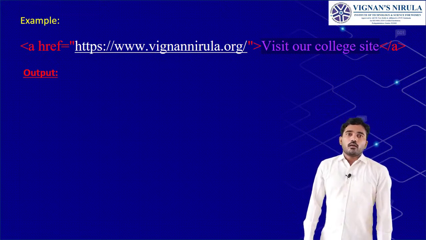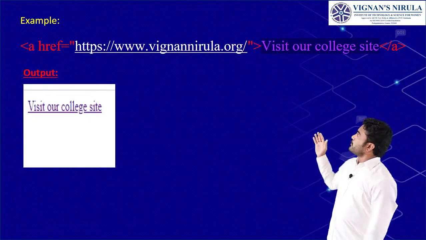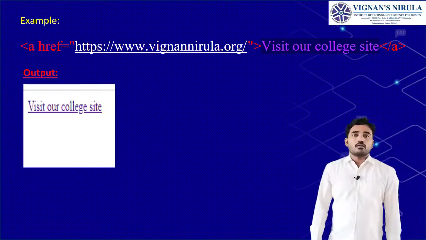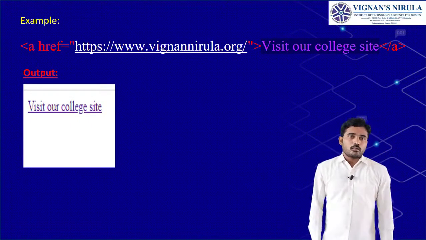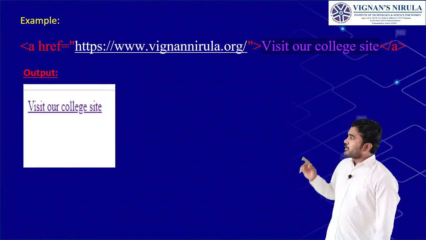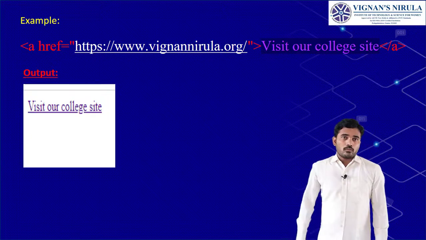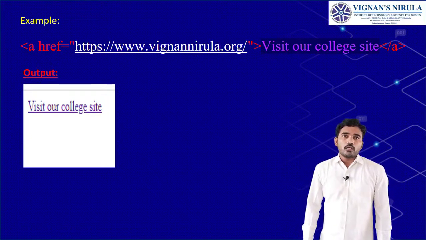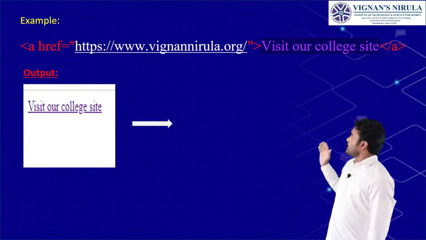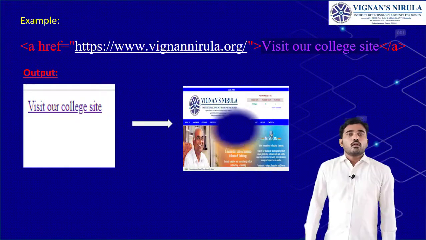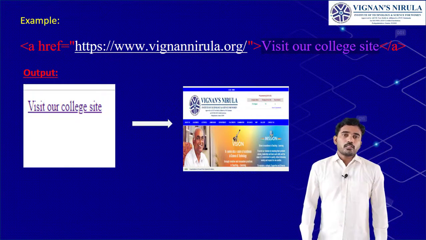In this way you are going to get the output for this example, and the link is "visit our college site". If you click on that link, you are going to get the output in this way. This is a basic example.